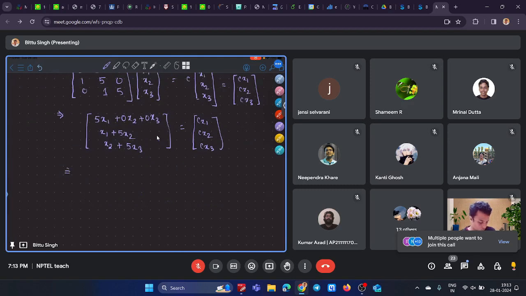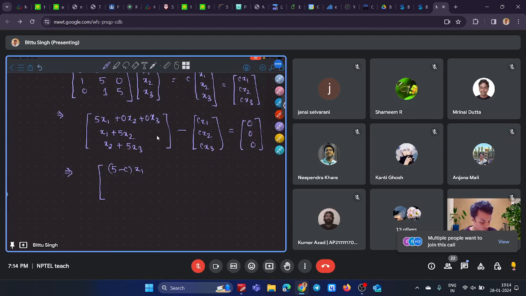Now taking the left hand side, this minus this equals the 0 matrix. So now it is the same as 5 times x1 minus cx1, that is (5 minus c) times x1.